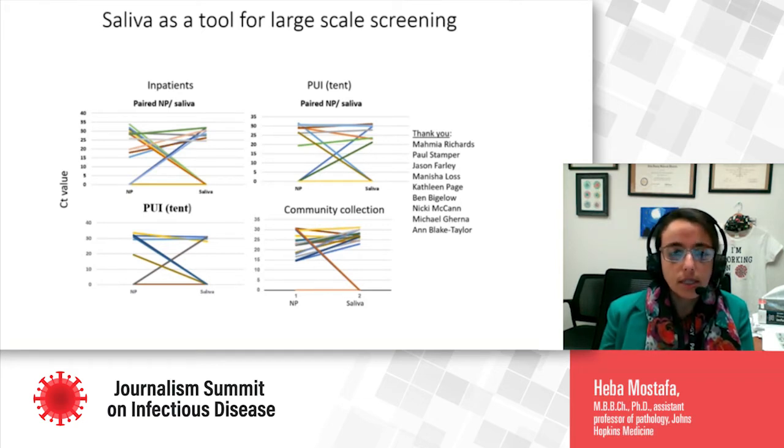And we actually tested this here at Hopkins. The FDA in the beginning had a kind of minimum acceptance for saliva performance. If we offer it in the lab, they asked for 95% agreement at least between the paired nasopharyngeal specimen and saliva specimen.